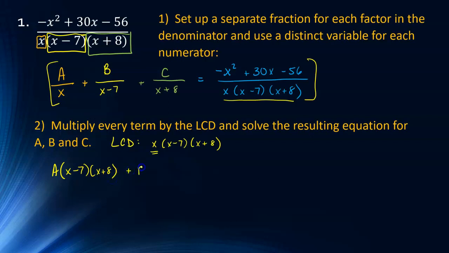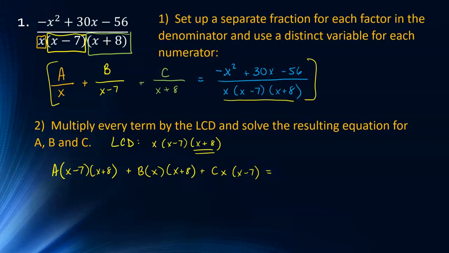Now the fraction with b in the numerator already has an x minus 7 in the denominator, so those cancel out, leaving us with x times x plus 8. Now the one with c in the numerator has x plus 8 in the denominator, so that and the x plus 8 from the least common denominator cancel each other out, leaving us with x times x minus 7.